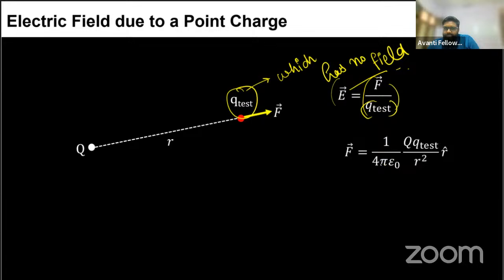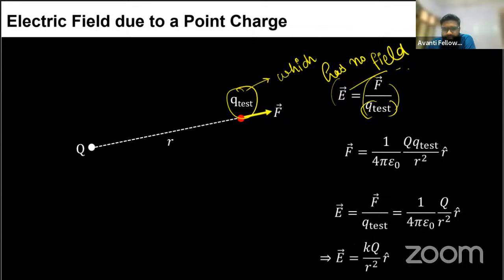Now force here is 1 upon 4 pi epsilon naught Q into Q test charge divided by R square, R cap, if you are taking in the vector form. Now, the electric field due to a point charge is equal to 1 upon 4 pi epsilon naught Q upon R square. This is very important. This is the expression for electric field due to a point charge.